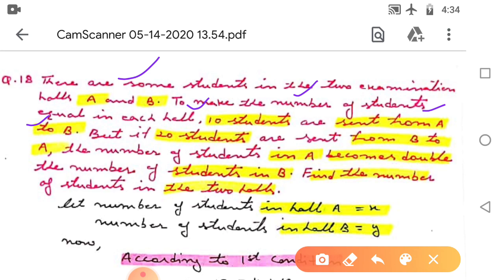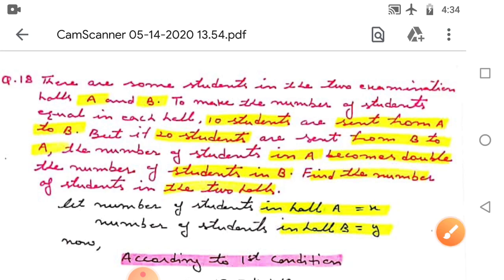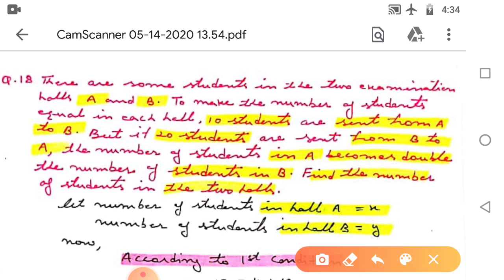But if 20 students are sent from B to A, the number of students in A becomes double the number of students in B. Find the number of students in the two halls.